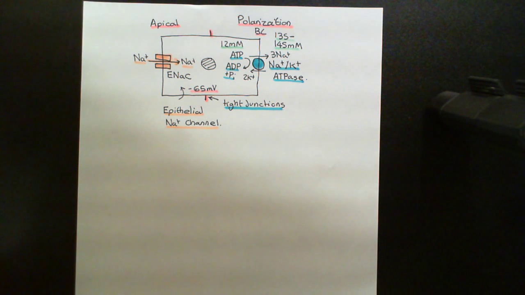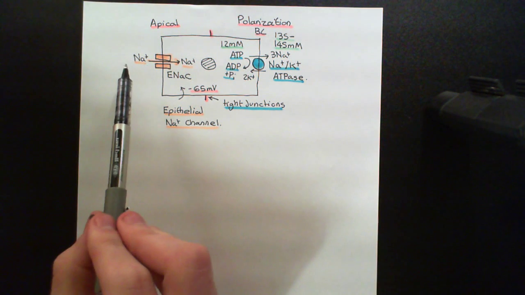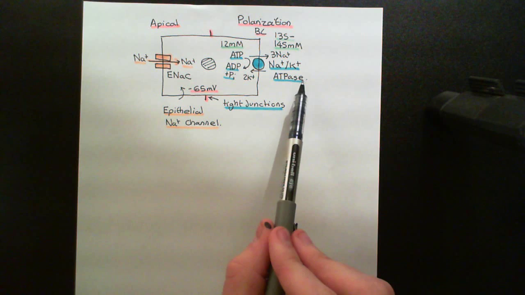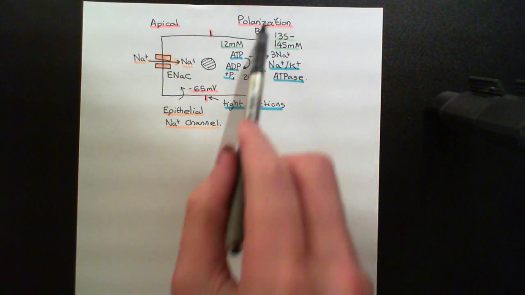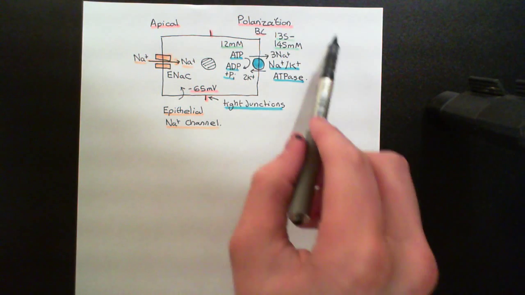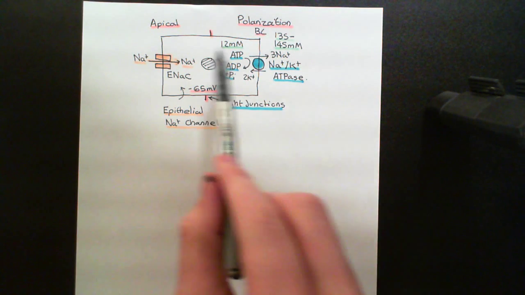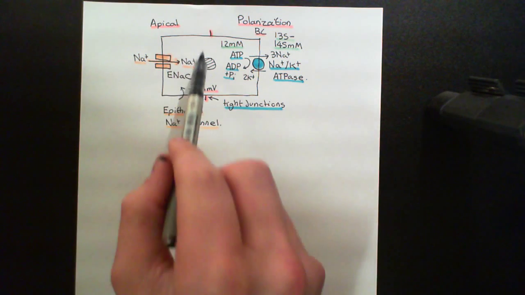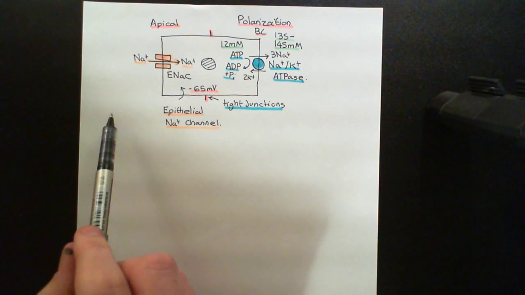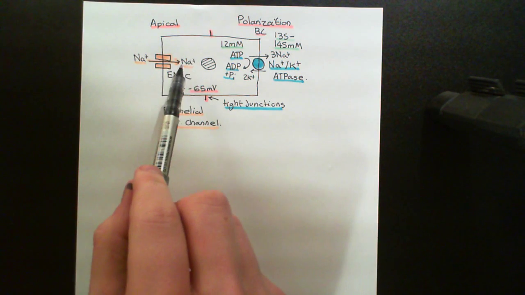Now there is a problem with that. You are moving positive charge from the apical extracellular fluid to the basolateral extracellular fluid. When you move positive charge, you create electrical potential differences. You're going to be raising the electrical potential over here in the basolateral extracellular fluid by dumping positive charge there, and you're going to be lowering the electrical potential in the apical extracellular fluid because you are taking positive charge from there.